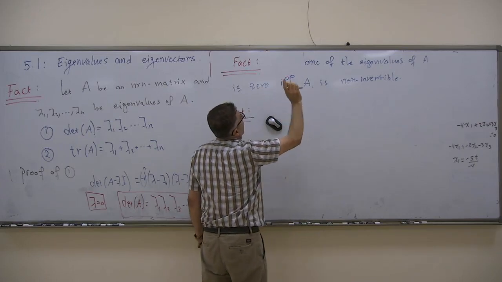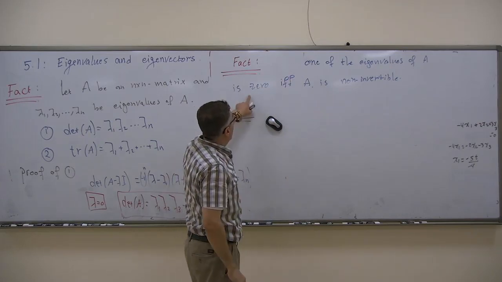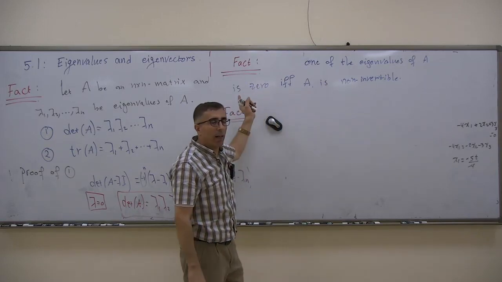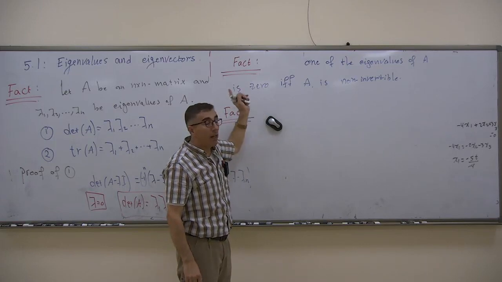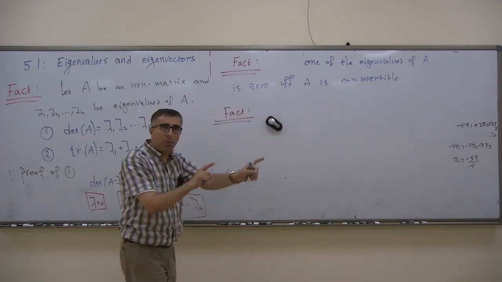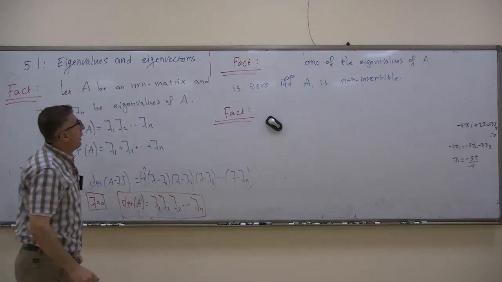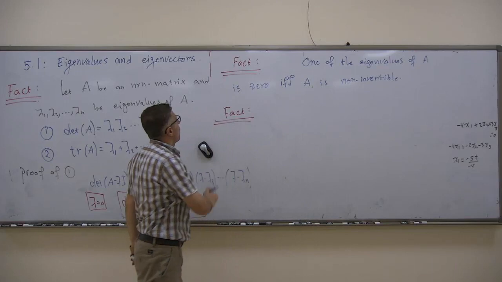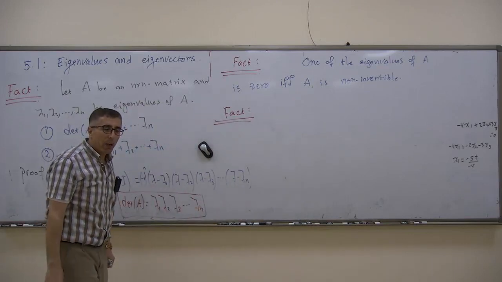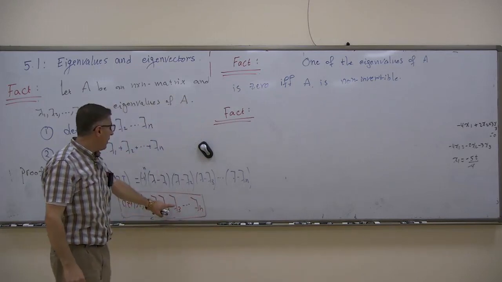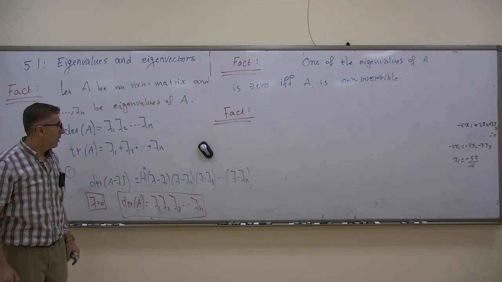So one of the eigenvalues of A is 0 if and only if A is non-invertible. So if it is non-invertible, then one of the eigenvalues of A is 0. And if one of the eigenvalues of A is 0, then it is non-invertible. So it goes both ways. Okay? Suppose your matrix is invertible. So it means none of the eigenvalues is 0.